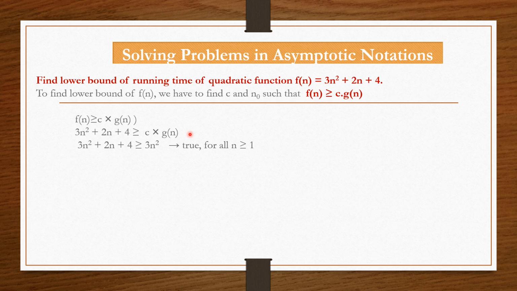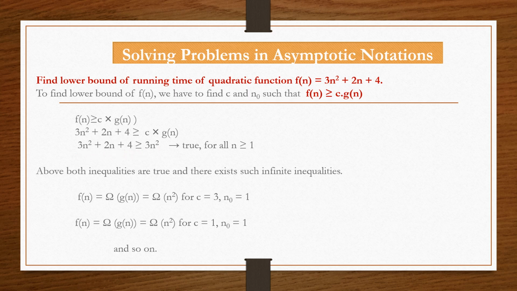But here I am not including this 2n plus 4, only 3n square. Why? Only then this f of n will be greater than this g of n. So g of n is n square and the constant is 3.